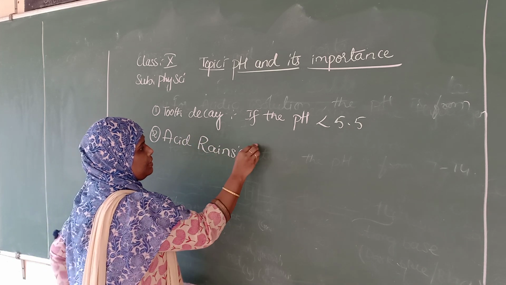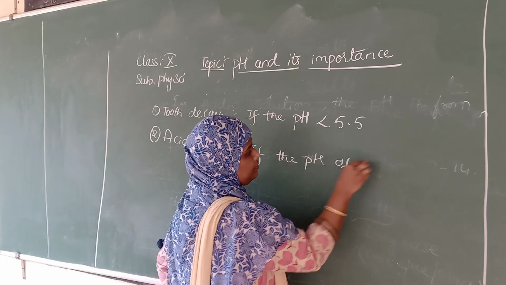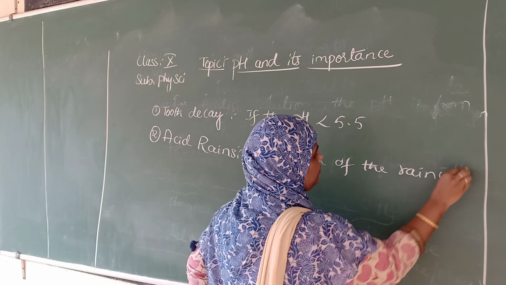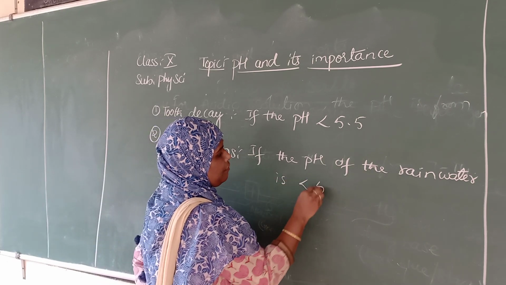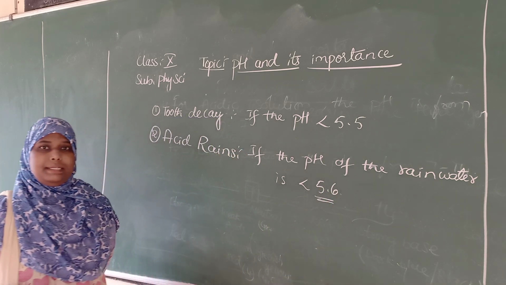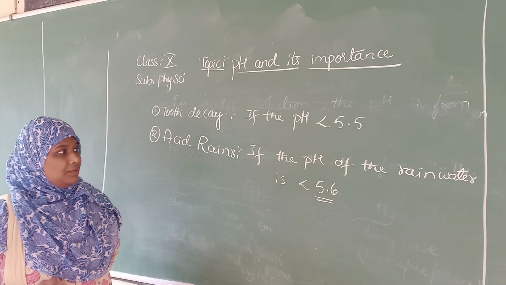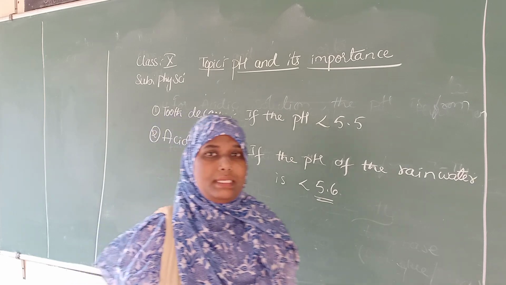If the pH of the rainwater is below 5.6, then we say that the rain is an acid rain. What happens if the rainwater is acidic in nature?